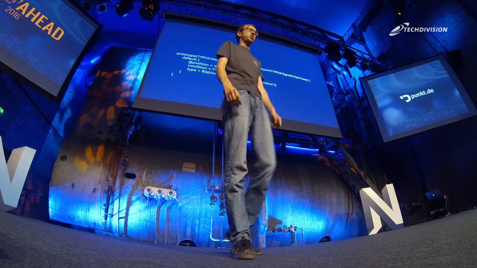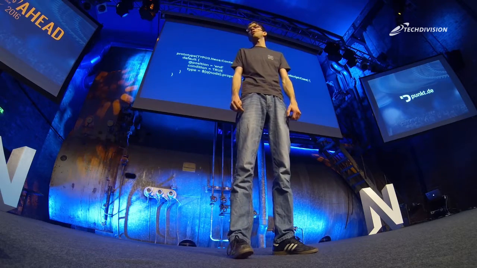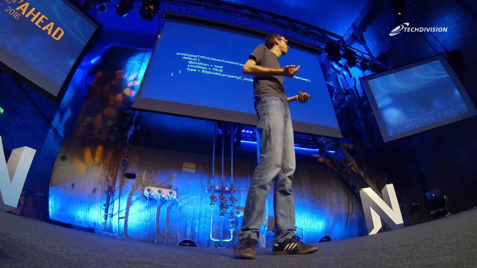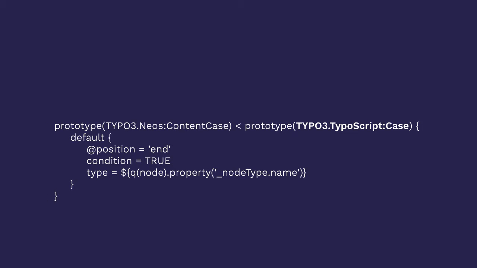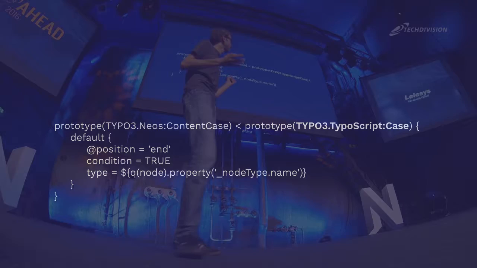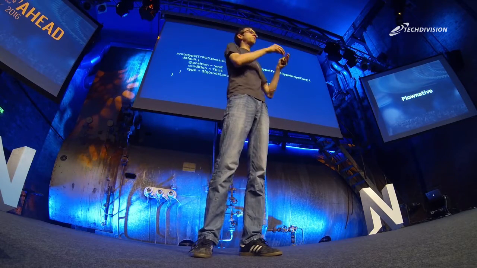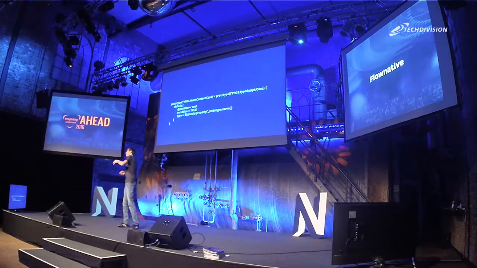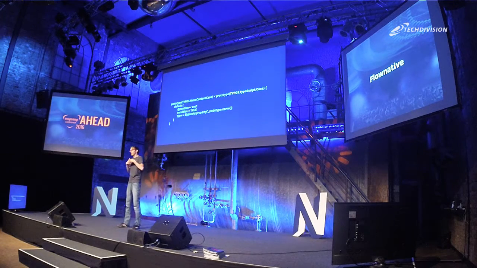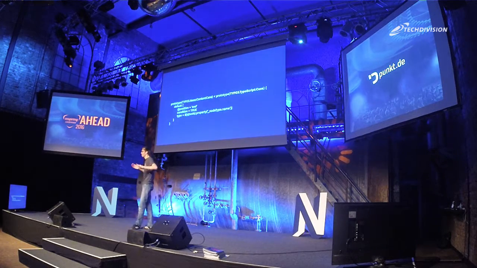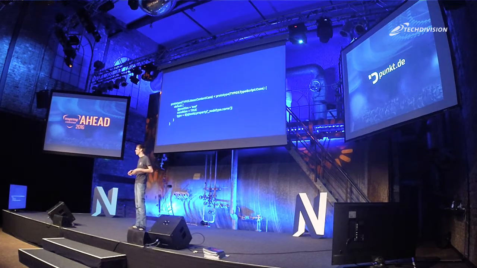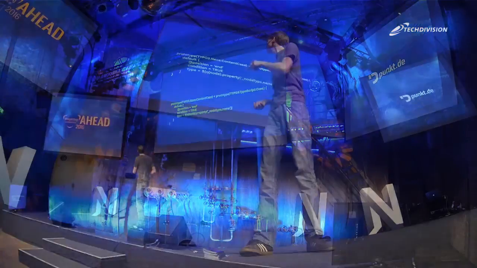And if you look at the standard rendering, the standard content case, what you see there is that it means in all cases, render the node type's name as the TypoScript object. So that is basically inside Neos, exactly this code. And this sets up the mapping. If you create a node with a certain name and you create a TypoScript object with the same name, these fit together. And that is not hardwired in code somewhere buried in Neos, but it's really just a convention in TypoScript by this single line.